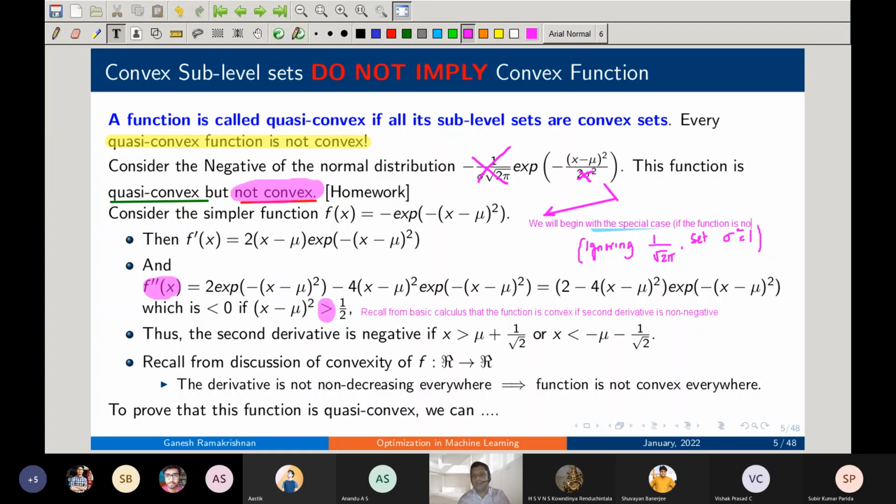If the function is not convex in the single dimensional case, we do not expect it to be convex in the multi-dimensional case as well. So that's the rationale behind simplification. Just want to make sure you understand this. Is this okay? Any questions?